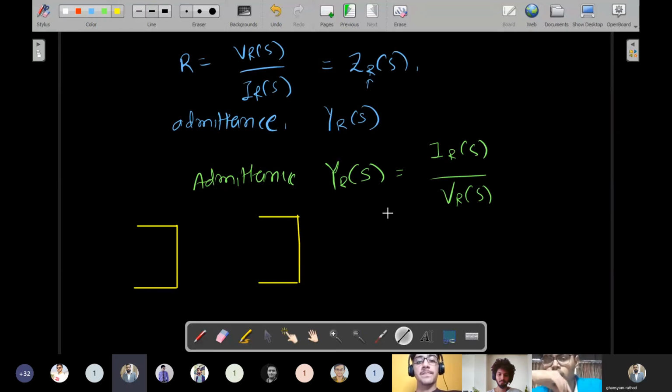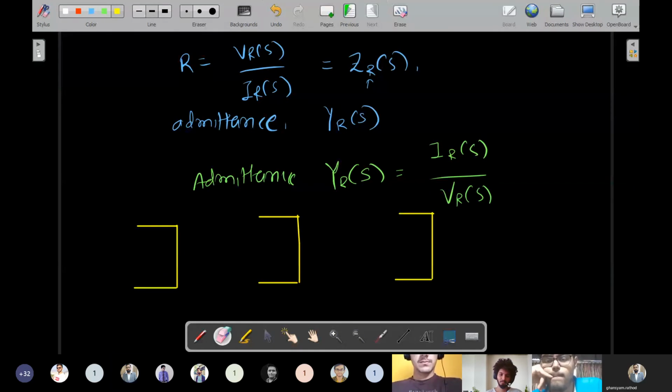I'm just drawing it because it looks similar. Here I need to remove this part. That is not working. This is going to be removed, and here also this is going to be removed. That is nothing but a resistance.